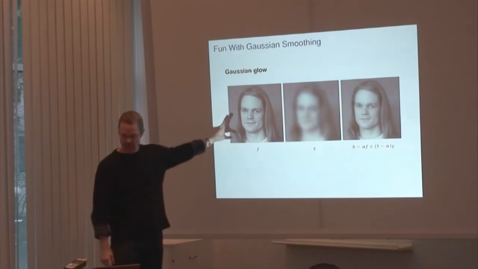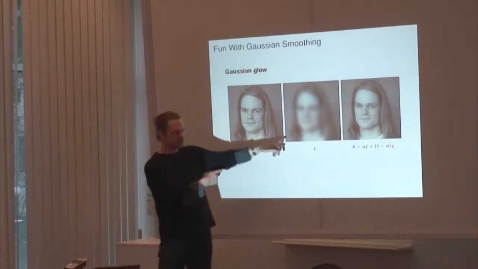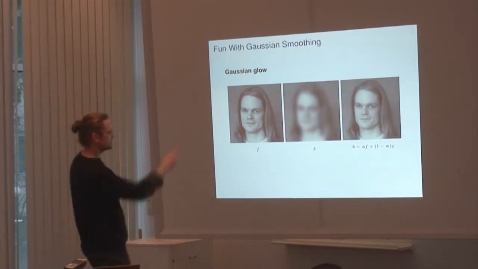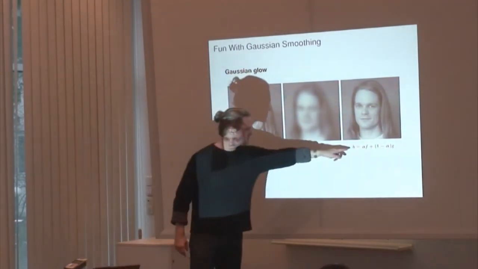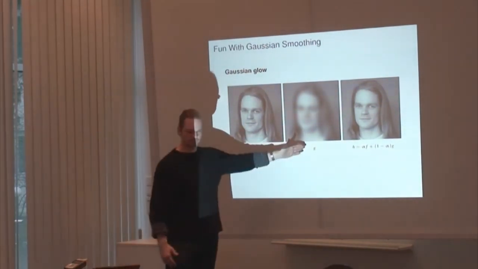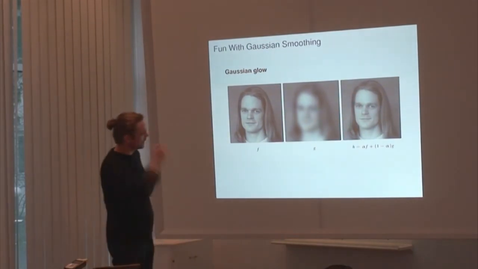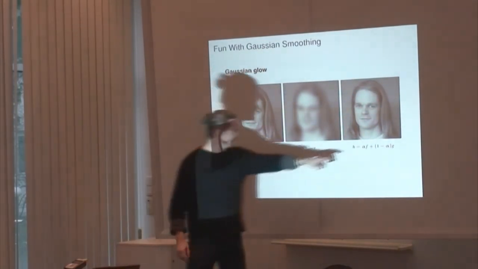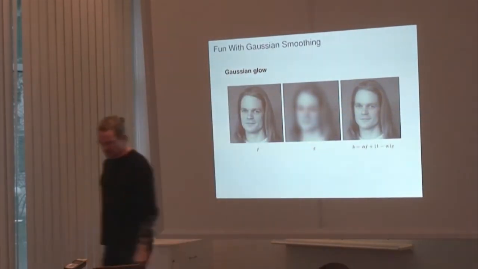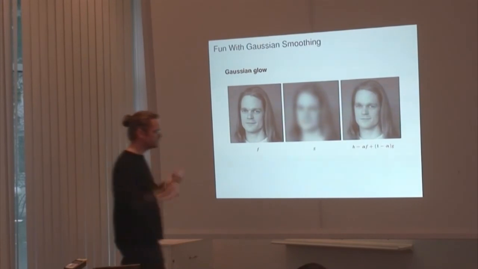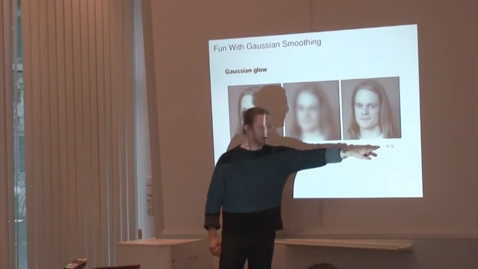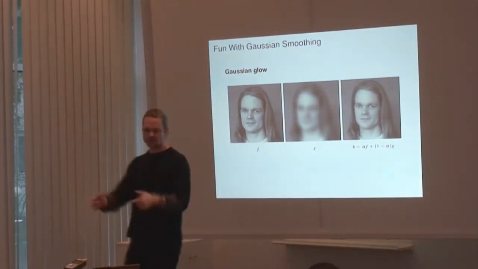So here is the input image F. And this is obviously a blurred version of F. Let's call it G. And on the right hand side, I have created a new image H, which is a linear combination of these two. Let us assume that this number alpha here is a value between 0 and 1. And so this is actually what we call a convex combination, because say if this is 0.8, then 1 minus 0.8 is 0.2, and together they are 1.